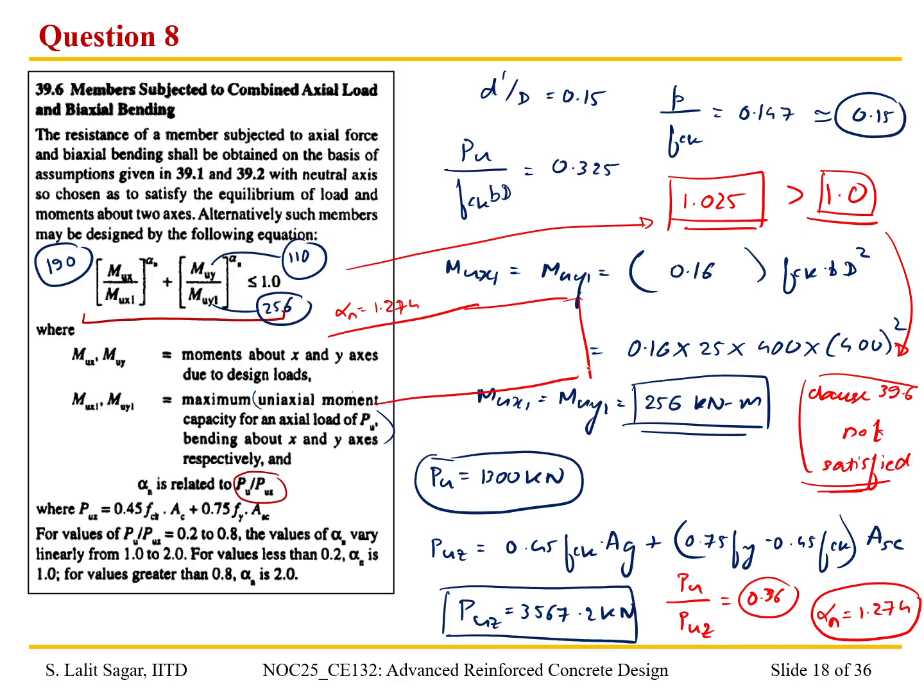So Mux 190 divided by 256 power 1.274 plus 110 divided by 256 power 1.274.